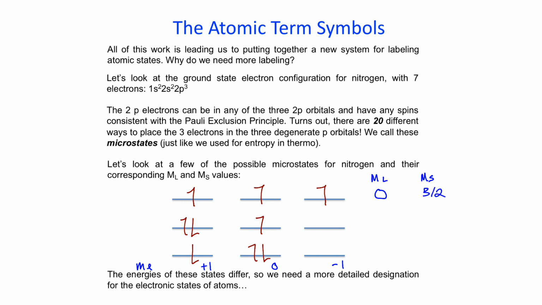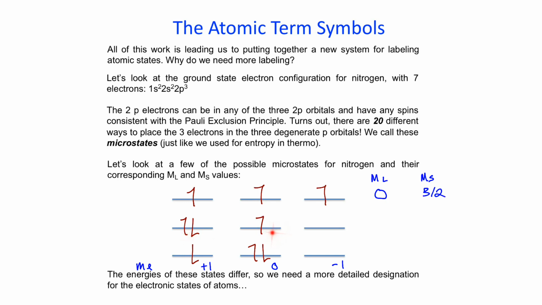So why don't you take a minute, pause the video, and see if you can assign the big M sub L and the big M sub S for these next two scenarios. Okay, so hopefully you took a moment to assign those yourself. Let's see how you did. Here we have 2 electrons in a +1, so we get a total +2 from that.